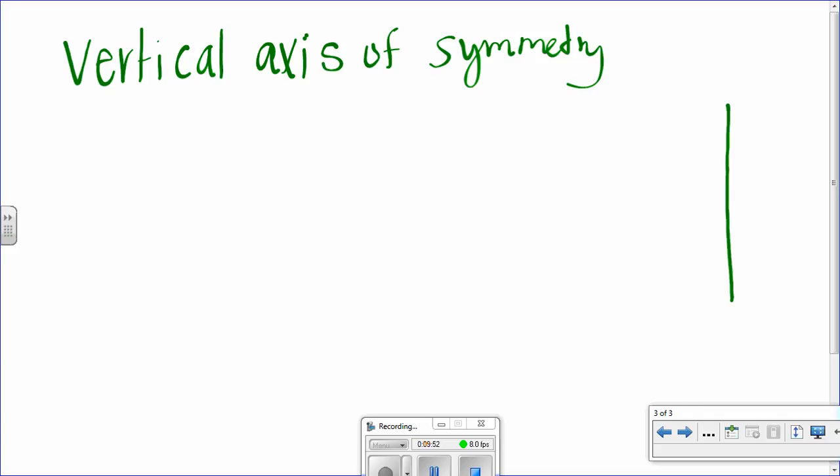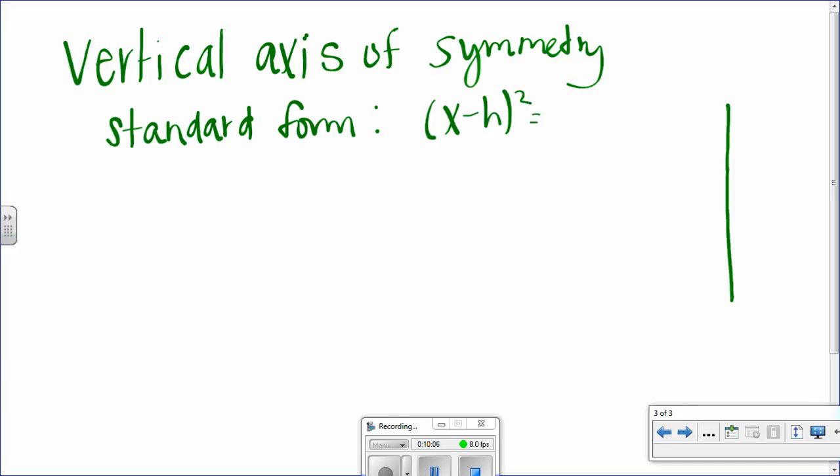Alright, standard form. It looks like (x minus h) squared equals 4p times (y minus k). That's what standard form looks like. You have a vertex at (h, k).